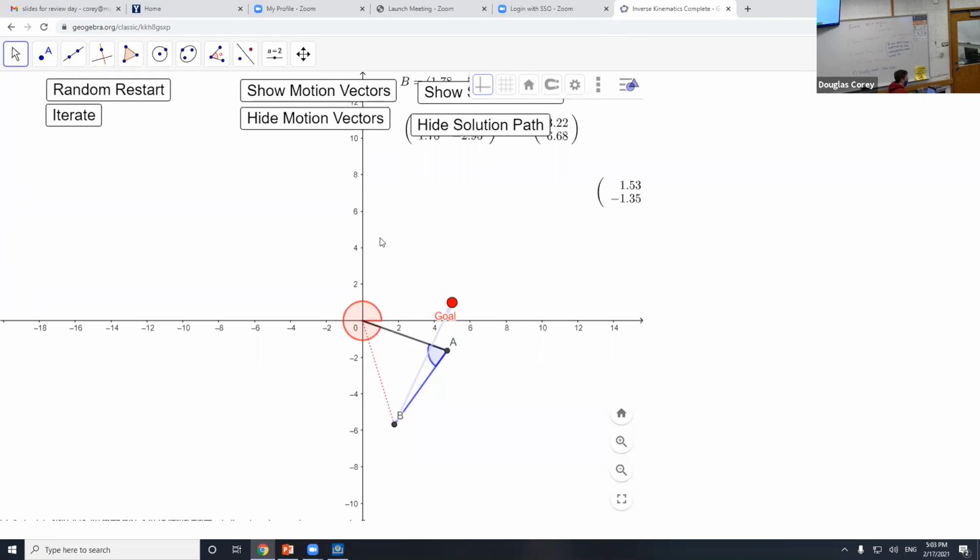Sometimes there's infinitely many possibilities, right? I can keep my finger at that point and still move these around. But this is a very important problem to solve. It's the inverse kinematics.